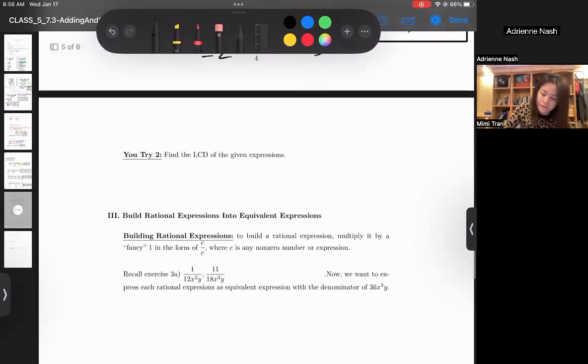x plus 4 over x minus 5 times x plus 7 quantity squared.